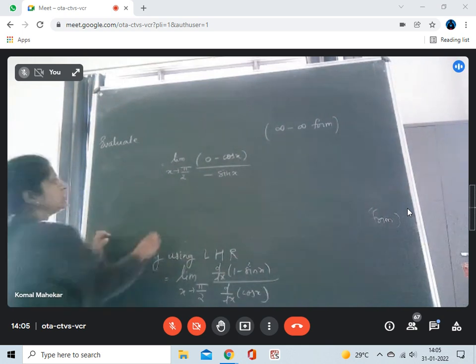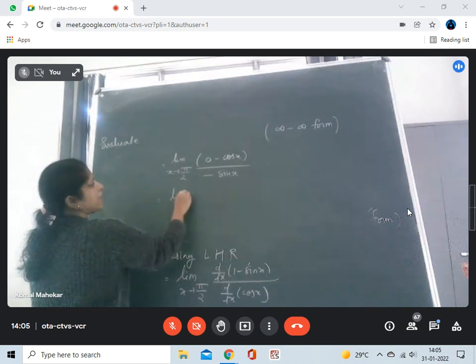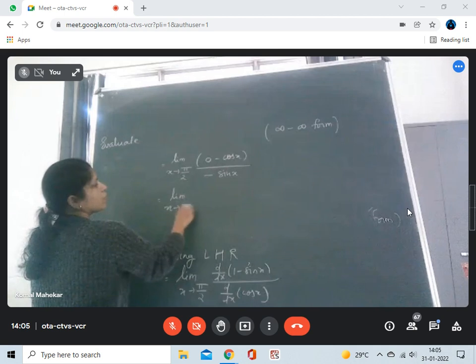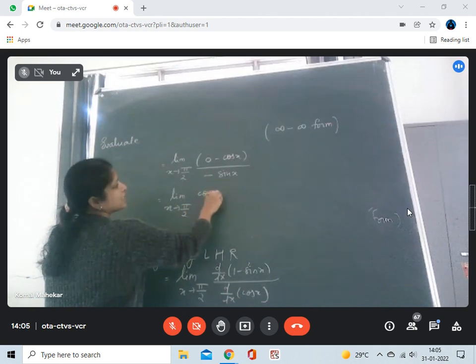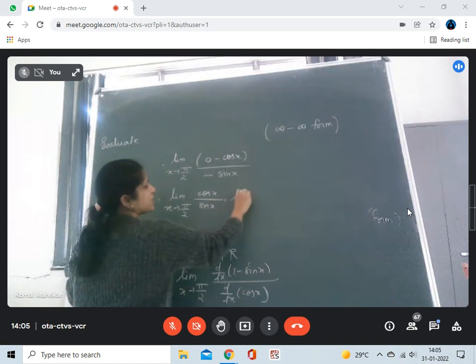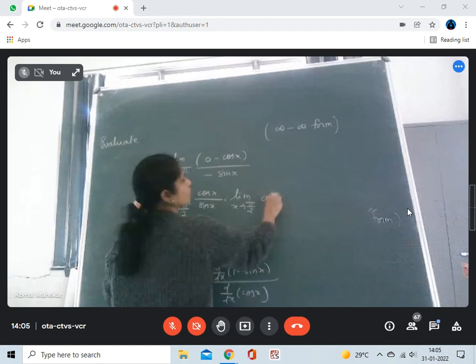Now this is limit x tends to pi by 2 of cos x upon sin x, that is cot x.